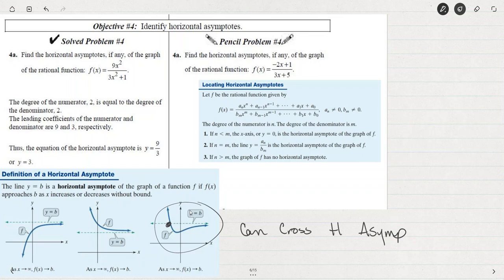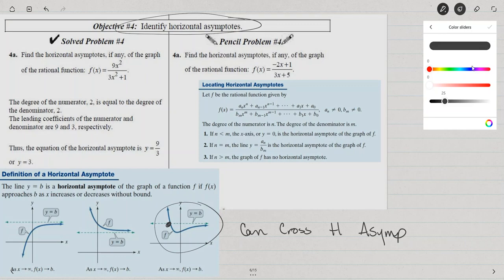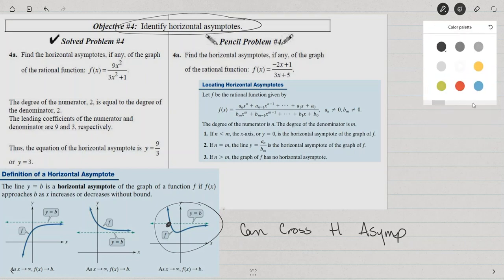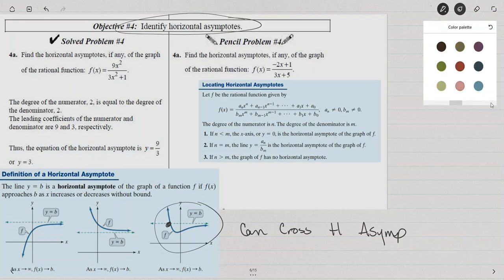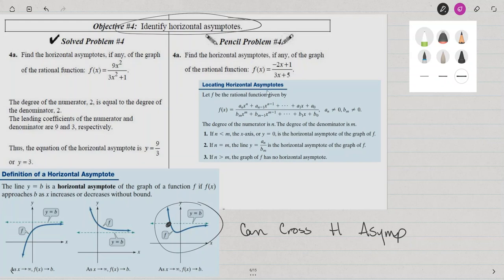There's a bit of a long thing to memorize here. If you want to approach finding horizontal asymptotes by memorizing, I would say it's not going to be really easy. There's this long list of possibilities. Locating a horizontal asymptote, we've got if the degree of the numerator is smaller than the degree of the denominator, then we get y equals 0.